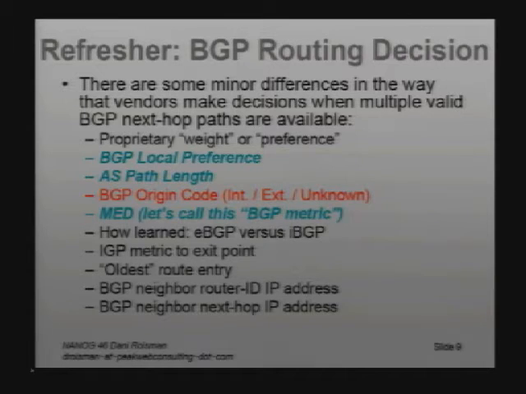The oldest route entry, I heard this route 3 days ago, and I just heard this route right now. If the route is better, equal, am I going to keep the old route or install the new route? And a couple of tiebreakers at the bottom, the actual IP address of the BGP neighbor, or the actual IP address of the BGP neighbor next hop. This is the general sequence in which attributes are compared before a best route decision can be made.